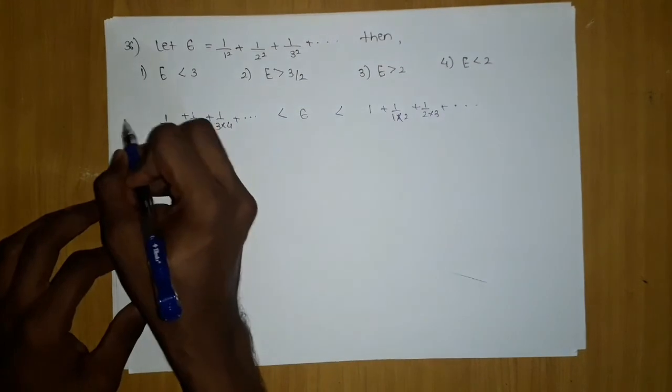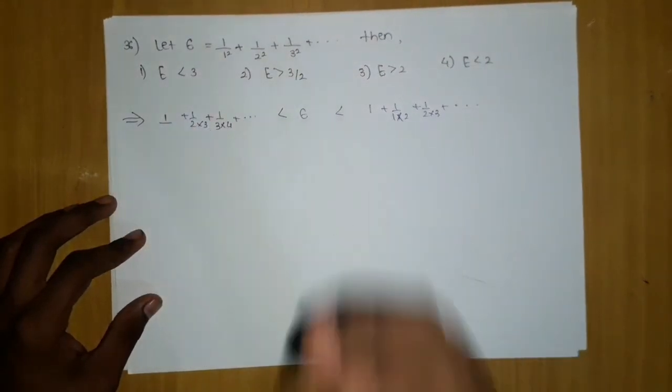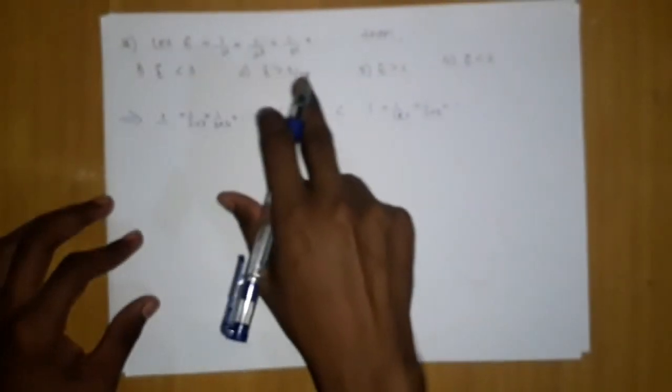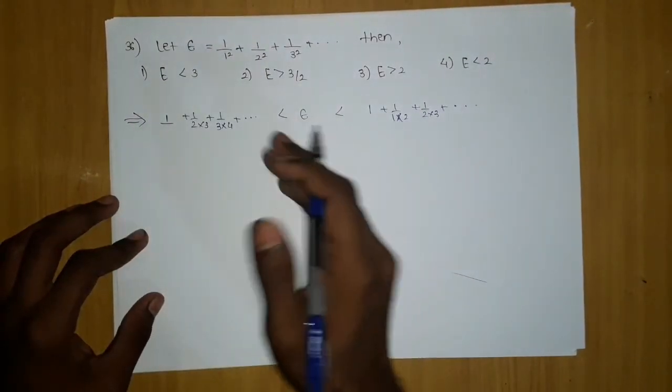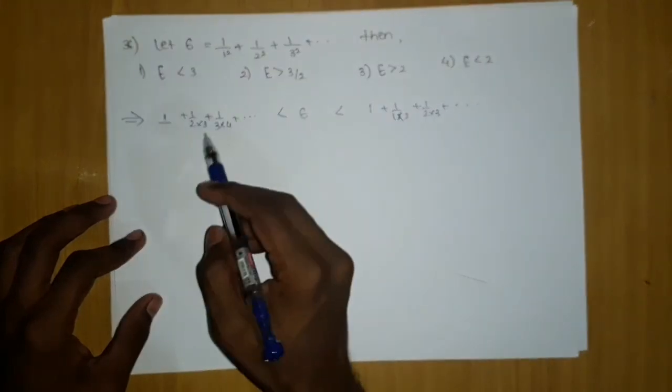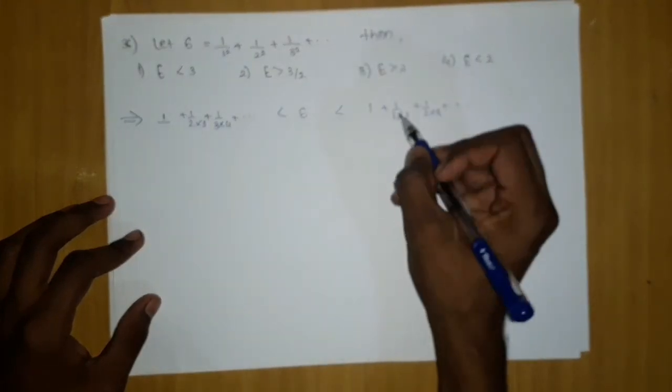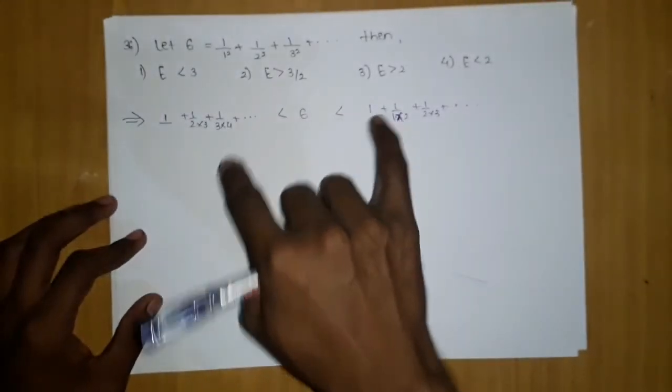This is additional information which you should know to solve this greater than or equal to type question. Otherwise we could directly calculate the sum, but it is asking for a relation, which you can solve if you know that this lies between these two series.